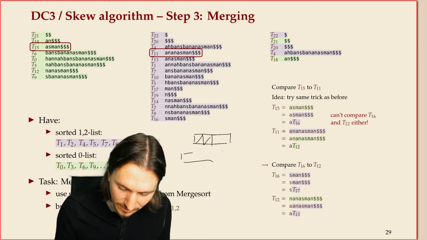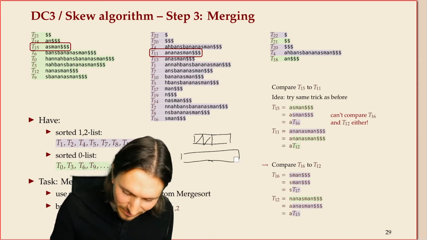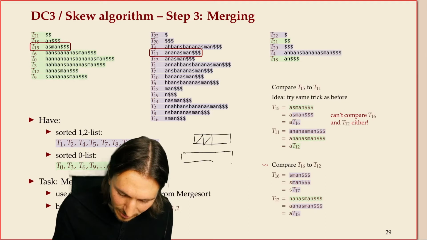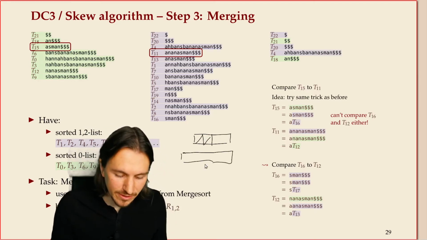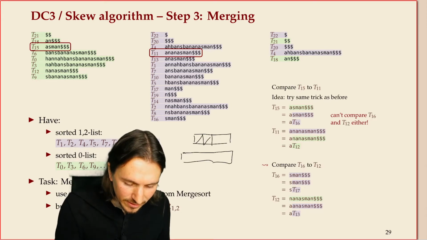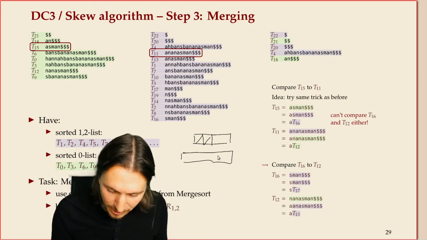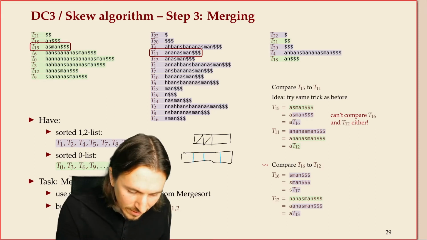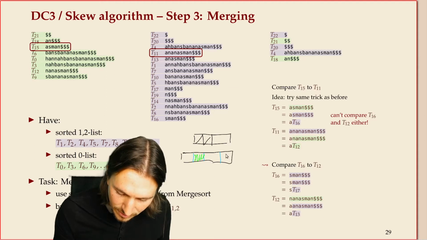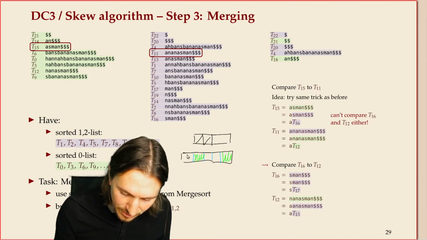So here are 2 suffixes, and you're trying to get them both into the blue set. And the blue set has 2 out of 3 positions. Maybe these 2, and then there's one green one. So here's 1 green position, 2 blue positions. Every position is either green or blue.